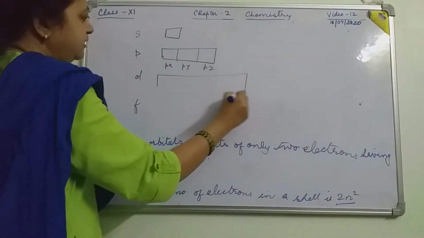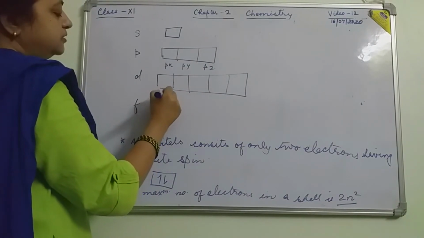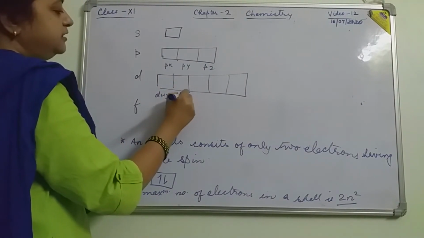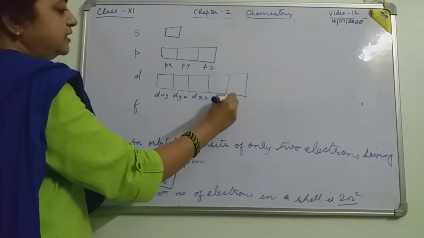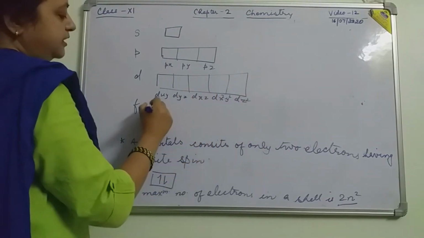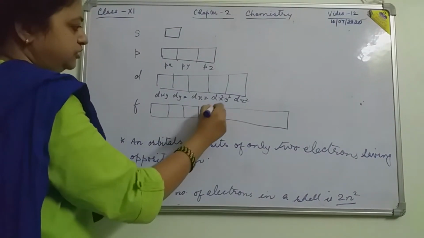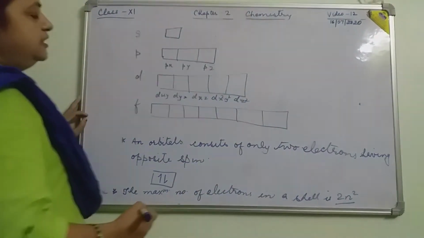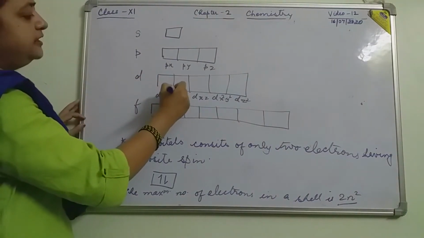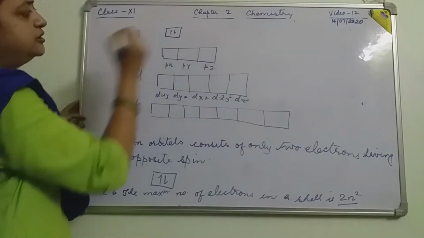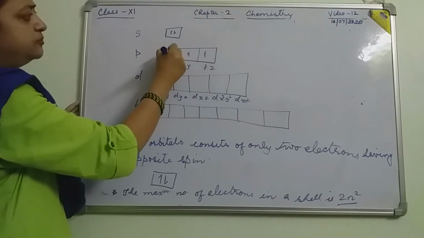D has 5 orbitals: dxy, dyz, dxz, dx square minus y square and dz square. And f has 7 orbitals. So each orbital contains 2 electrons having opposite spin.